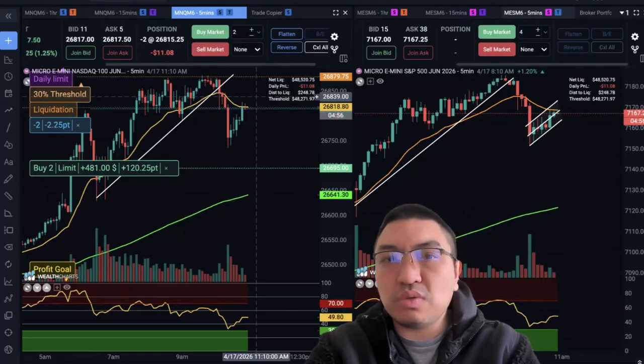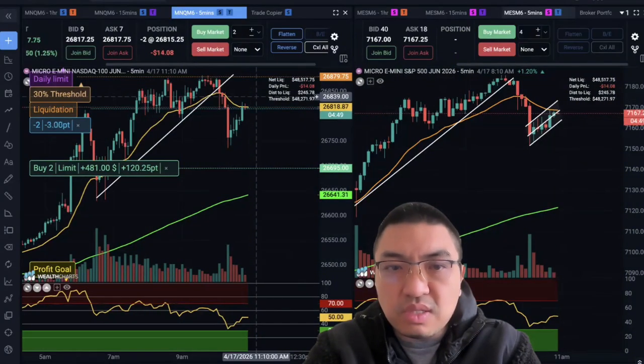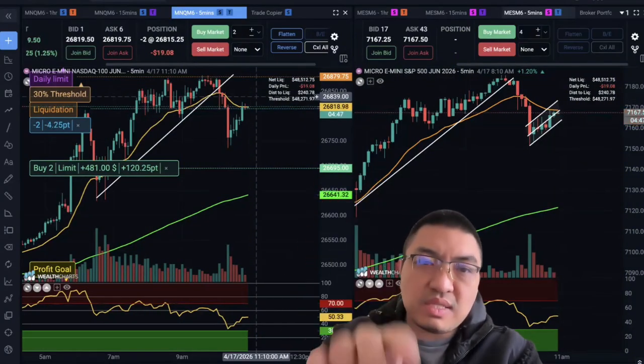Oh, NQ shows some red candle, but ES still shows green. So it could be some divergence.